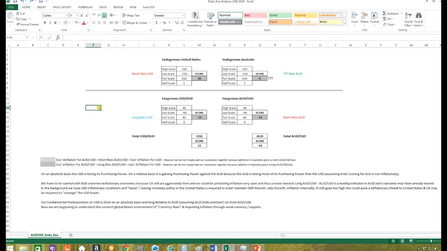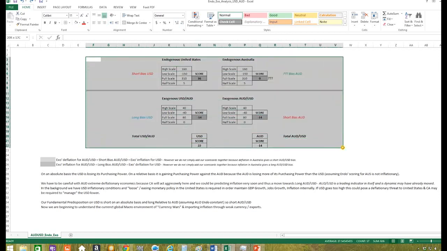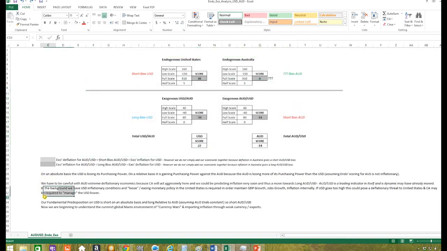And as the numbers come out, or as the numbers are predicted, the Aussie dollar US dollar exchange rate has been dropping.